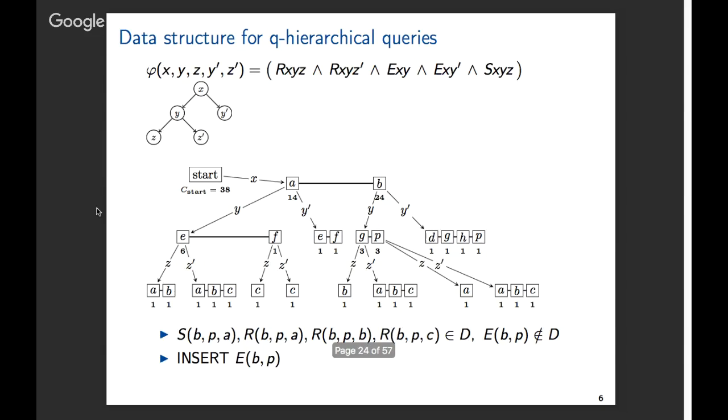And if we now insert the relation EBP, then this becomes part of our data structure. So the output of our query result increases to a large extent. But we are sure that if we merge these representations, then we can, within constant time, start a new enumeration of the new query result that might be way larger.